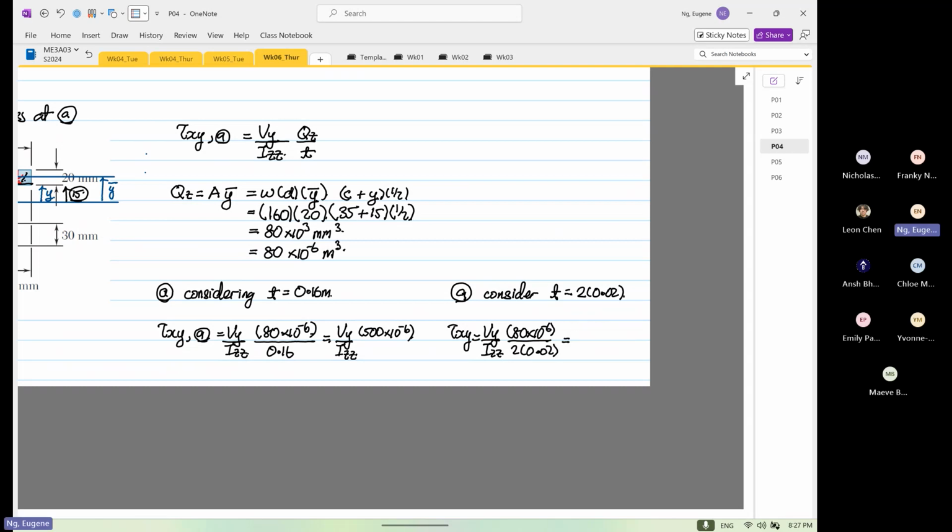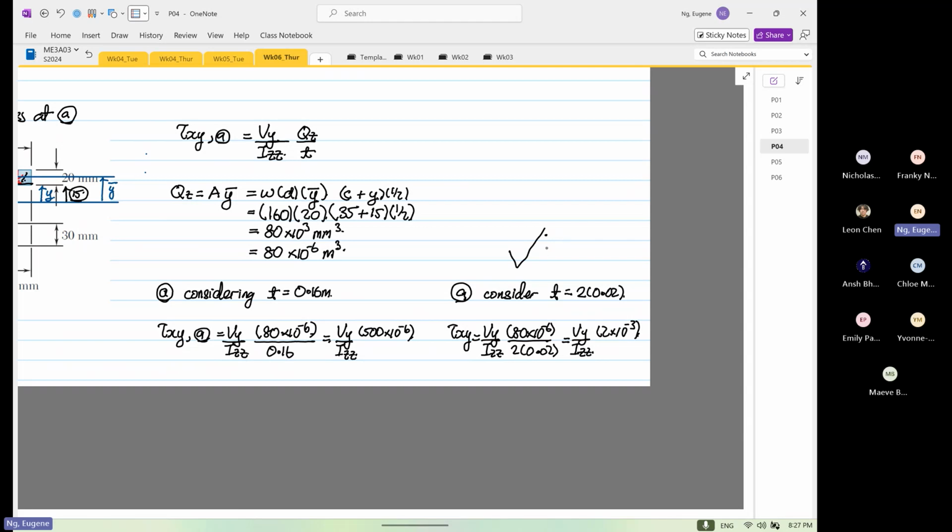So this will be equal to Vy over Izz, okay? So 80 power minus 6 divided by 2 divided by 0.02, and this will be equal to 2 times 10 to the power minus 3, okay? So the correct value to use is this value.